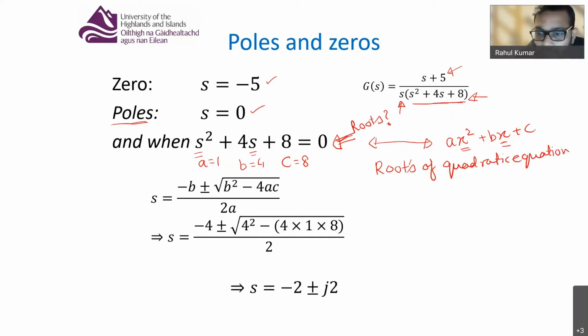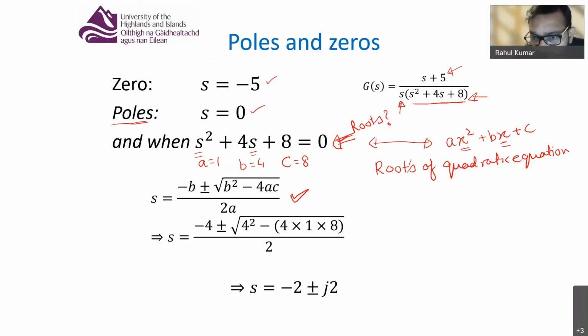Right? So to find the roots, there is a very well-known formula, which is minus b plus minus square root of b square minus 4ac divided by 2a. This is quite well known, and I am pretty sure that you must be aware of this formula.